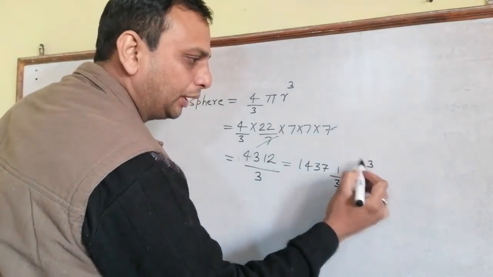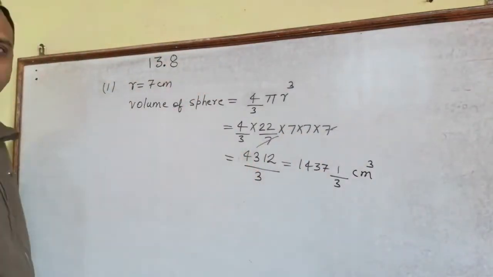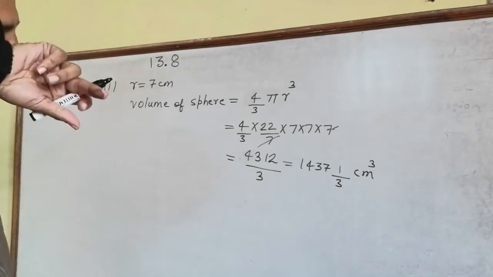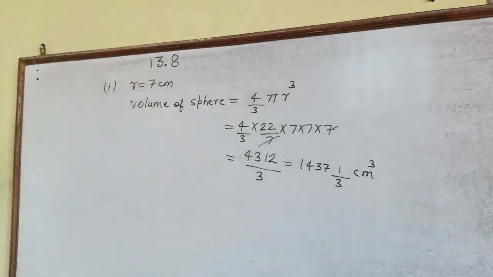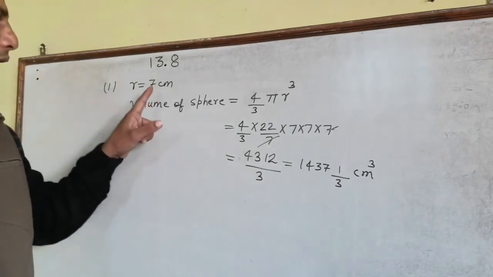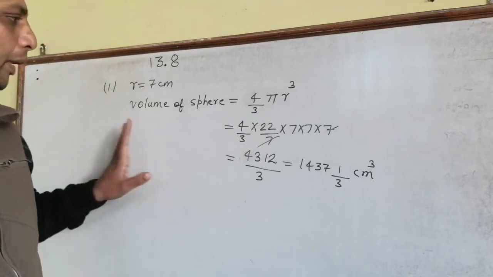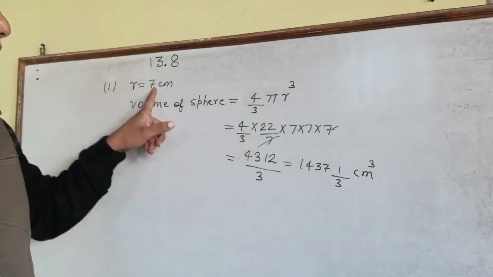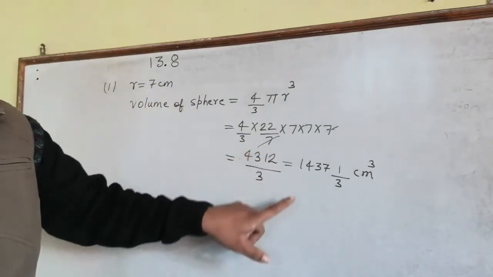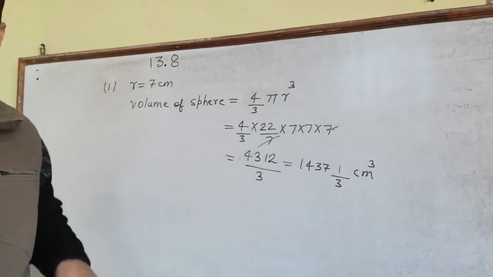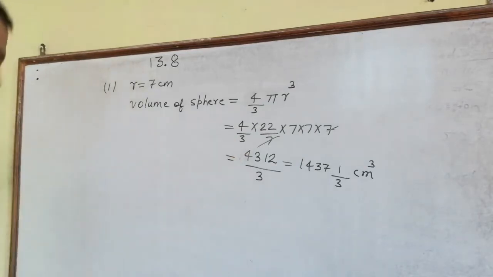Centimeter cube, because volume always has the unit centimeter cube. So this completes question number 1. The same way we have to do the other part. Two parts are there. One has radius 7 centimeter, the other has radius 0.63. The same formula we have to use, only the radius will be 0.63. You can easily do that question.